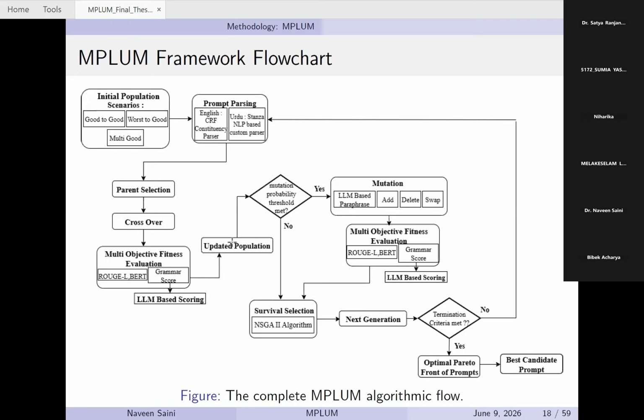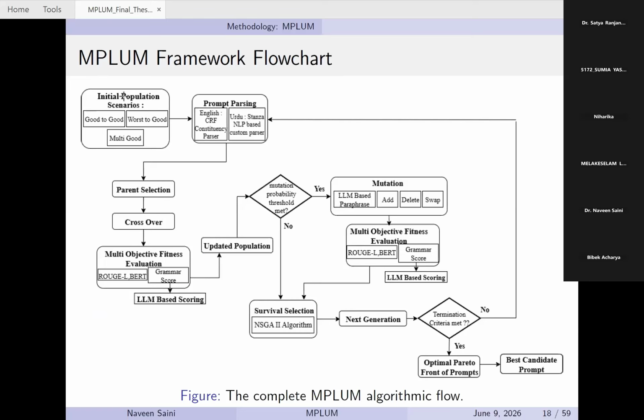So this is the overall framework. First, initialize the population. In initializing the population, we are considering three different scenarios.